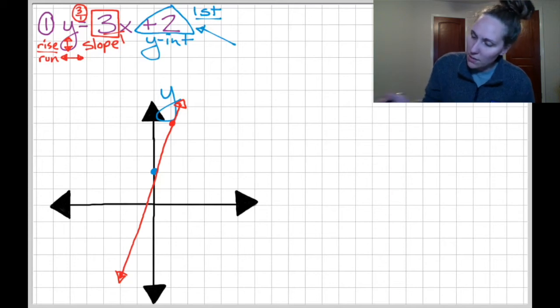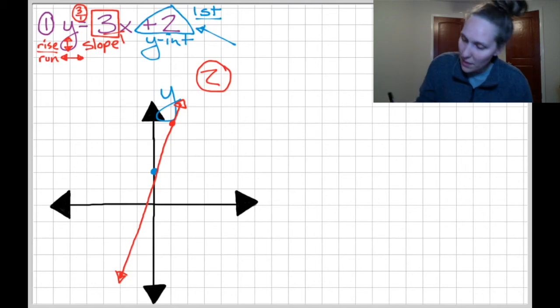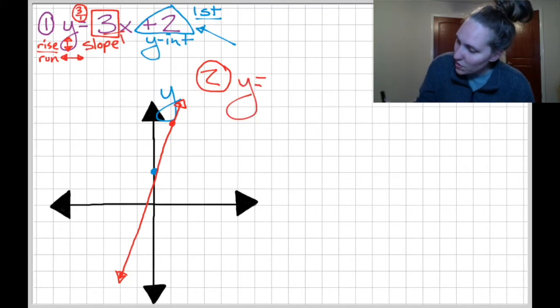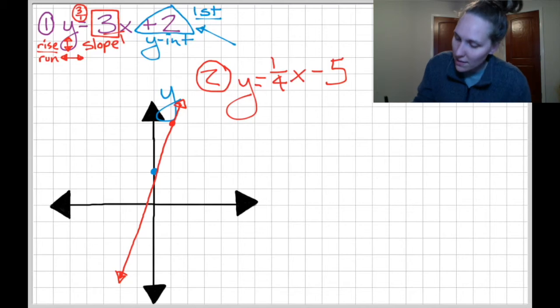I'm going to write it right here. Number 2. Okay, y equals 1/4 x minus 5. Again, these equations we're dealing with today are already in slope-intercept form, thank goodness.